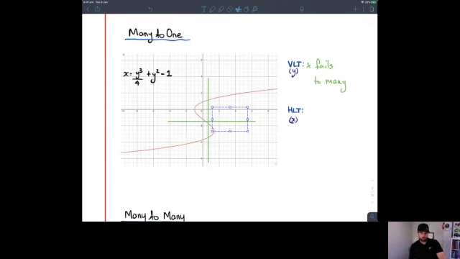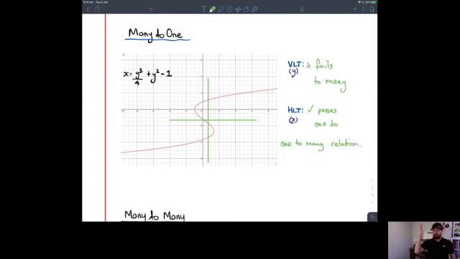Because it only intercepts it once, it passes. So it's a 1, 2 something. Combining our two tests, we get a 1, 2 many, and it's a relation. Remember, it must be a relation because it's failed the vertical line test.